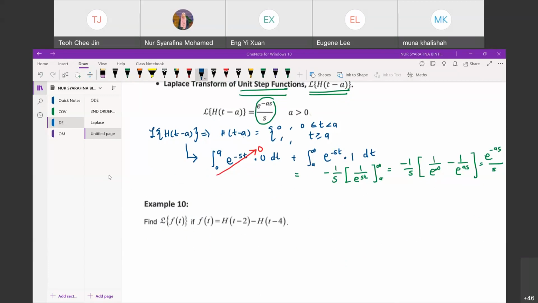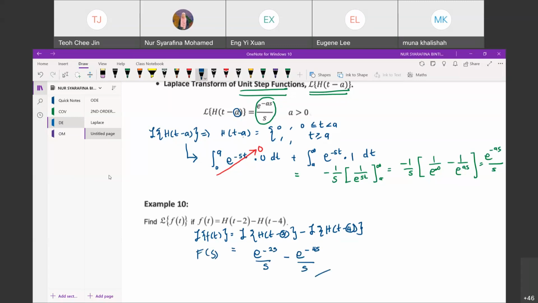So you just transform this f(t) by transforming h(t minus 2) minus transforming h(t minus 4). According to this property, you know that your a is here. Then this one becomes e to the power negative 2s over s minus e to the power negative 4s over s. Then this is your s domain function. That's it.